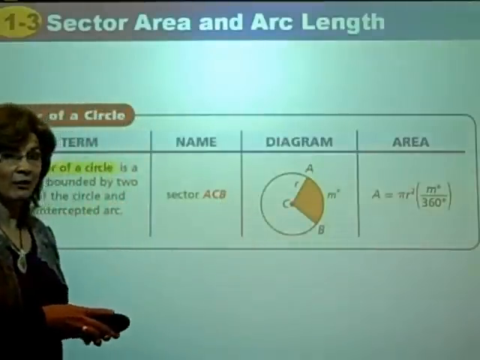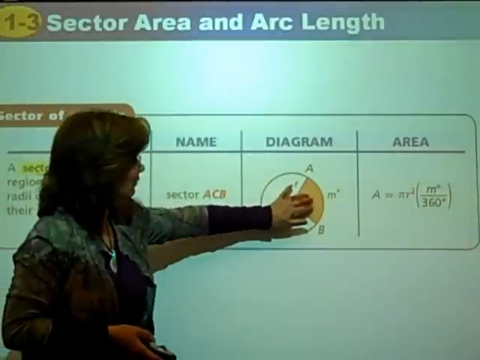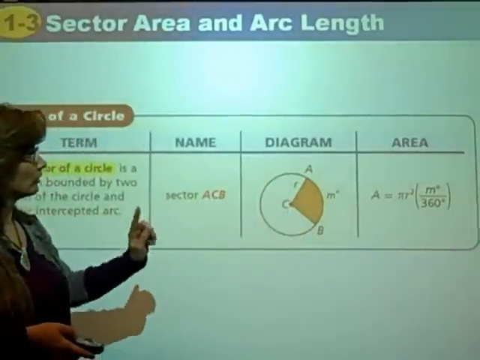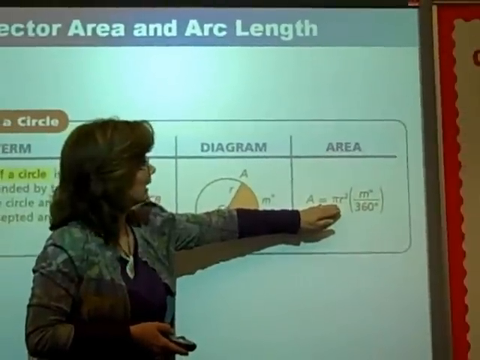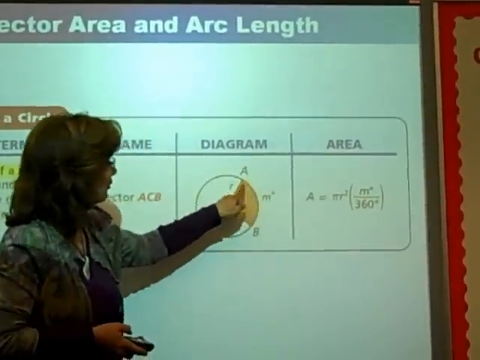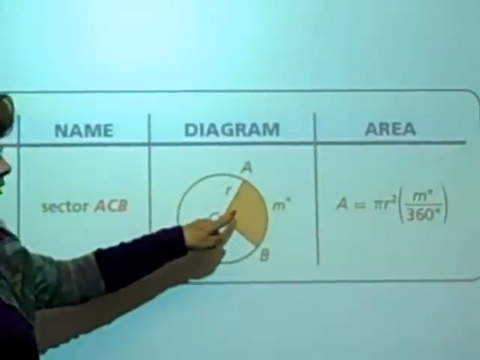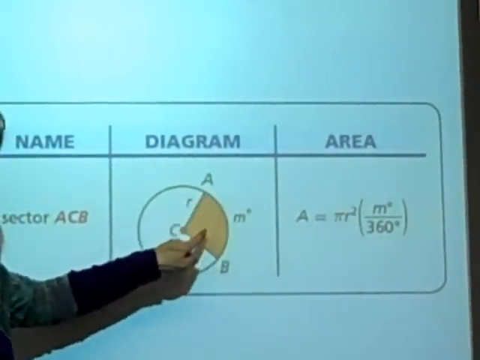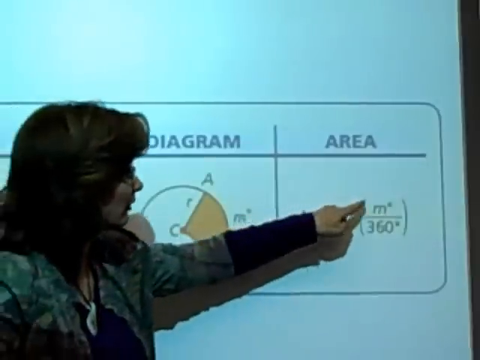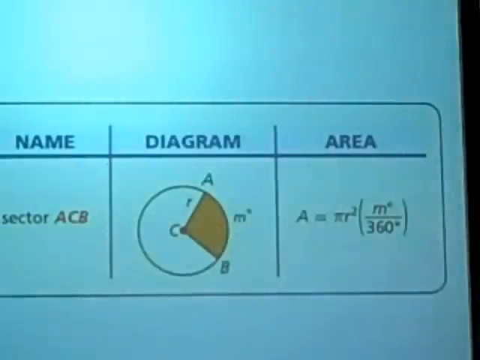And to find the area, notice it's just a fraction of the circle. So to find the area of just this fraction, we're going to use the area formula for a circle, pi r squared, and multiply it by this fraction of the circle. There's 360 degrees in the circle, and whatever the measure is of this arc or this angle, that measure over 360 is the fraction of the circle.